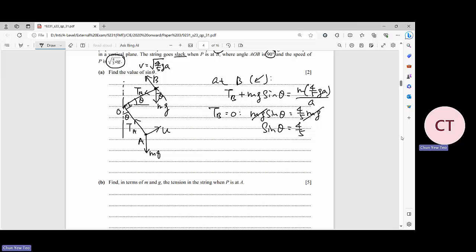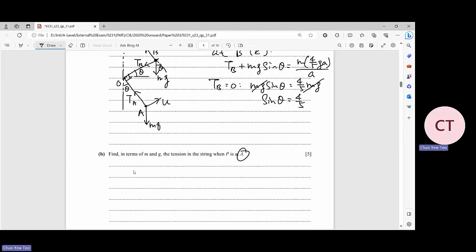Then part B. In terms of m and g, find the tension in the string when P is at A. So we're still considering the path that you are moving vertically from A to B. From the conservation of energy, we have the GPE gain, but the KE is lost.